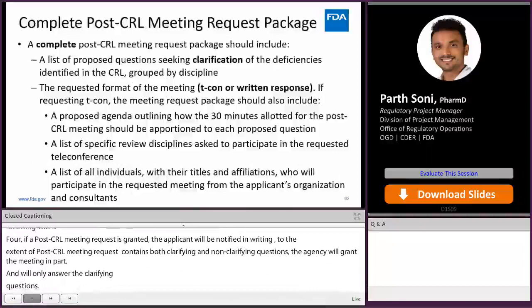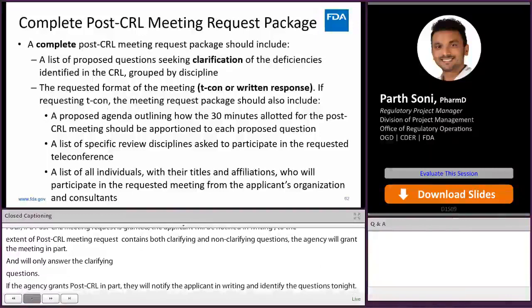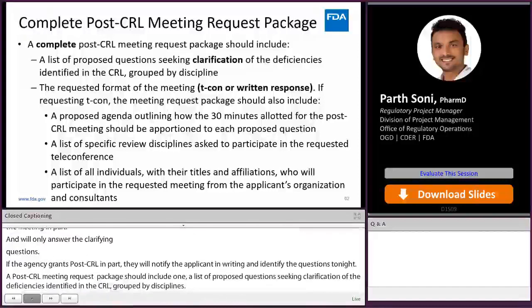A post-CRL meeting request package should include: 1. A list of proposed questions seeking clarification of the deficiencies identified in the CRL, grouped by disciplines. 2. The requested format of the meeting should be identified as either teleconference or written response. 3.